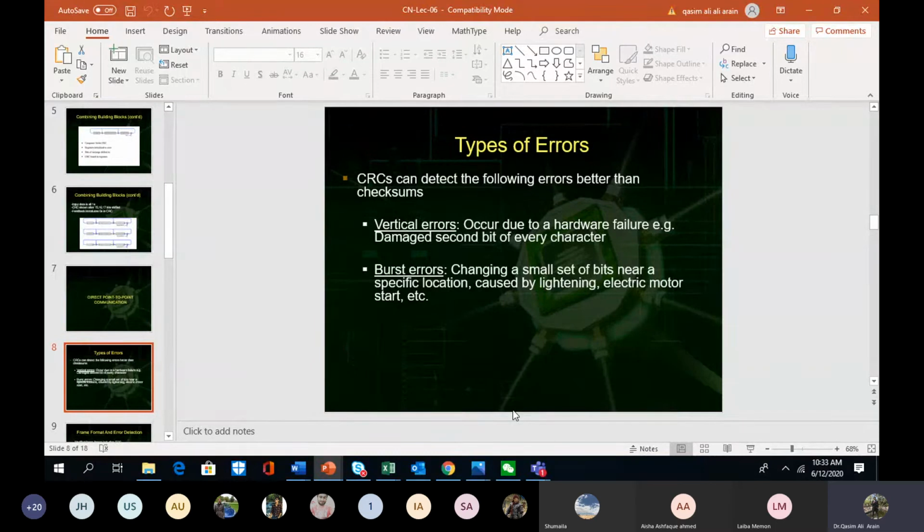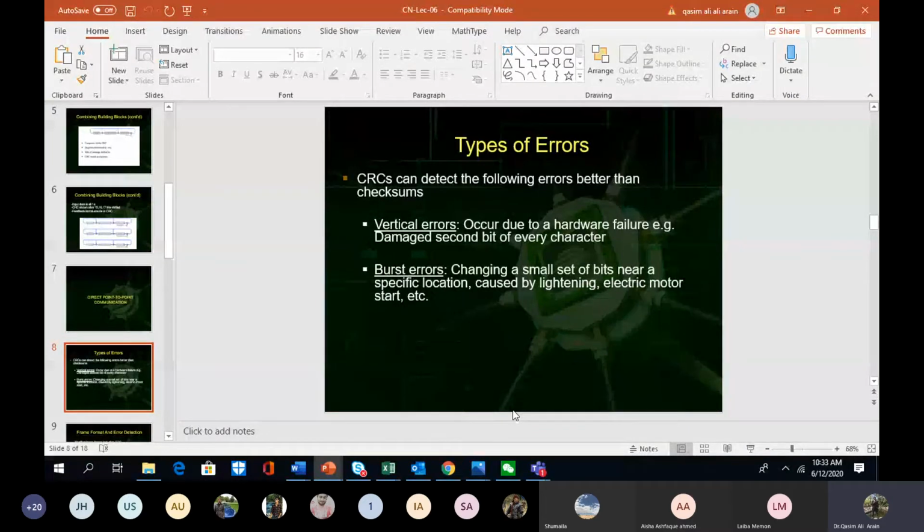Now what are the vertical errors? अब देखें vertical errors की example मैं आपको इस तरह से दूंगा कि let's suppose you have 8 bytes or 4, there is a row of 4 bits and इस तरह से हम 10 rows हैं हमारे पास. ठीक है, उन 10 rows के अंदर आपके पास जो हर एक byte की first 2 bits हैं, they are going to be modified or there is some error inside the data, and if we are going to place them in a single row, all these errors would be coming in a single row.